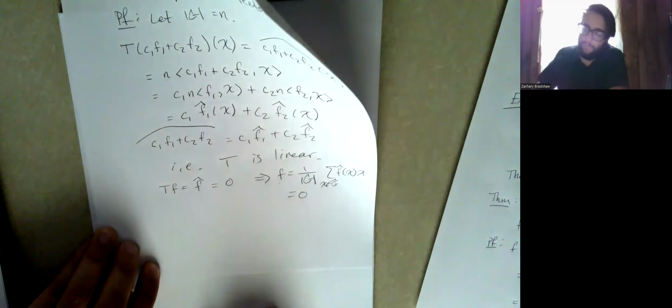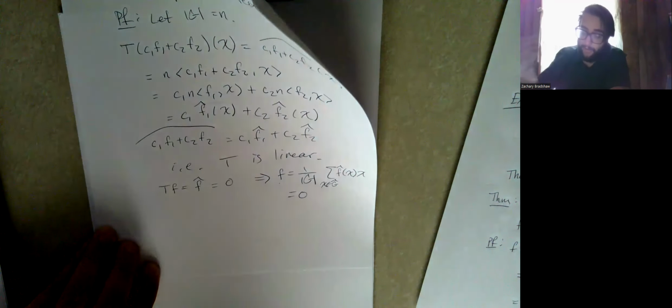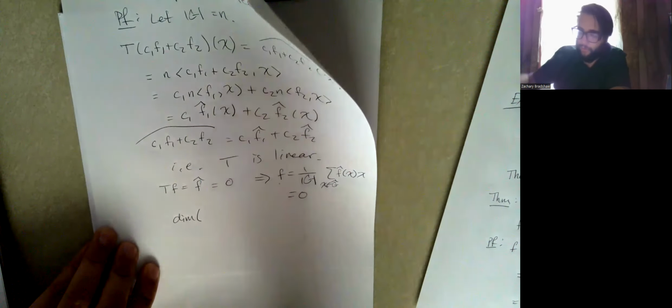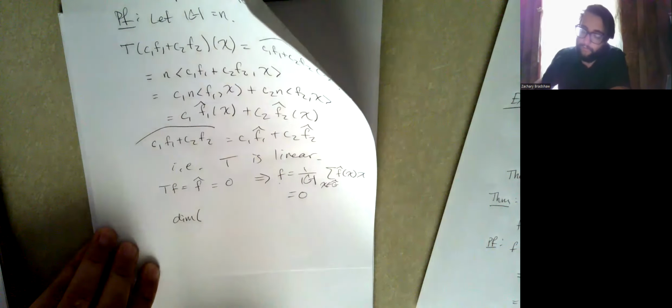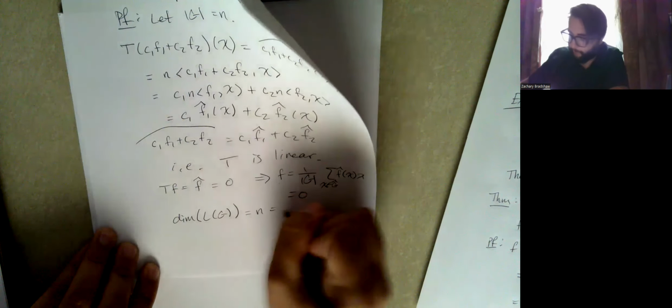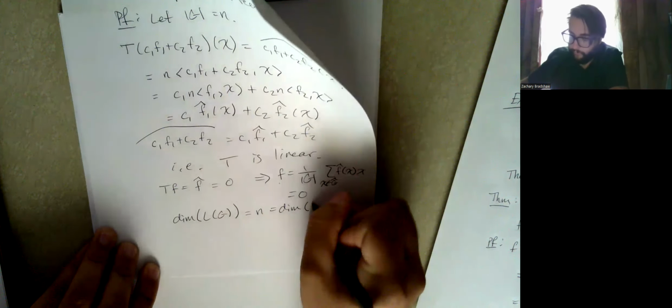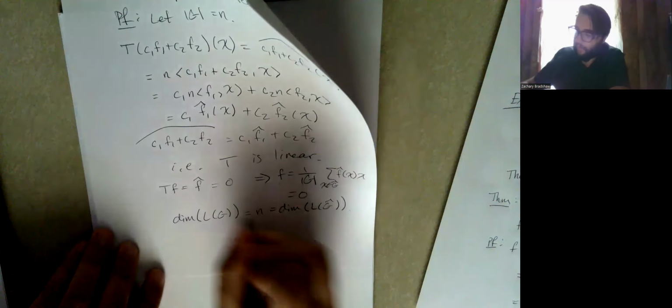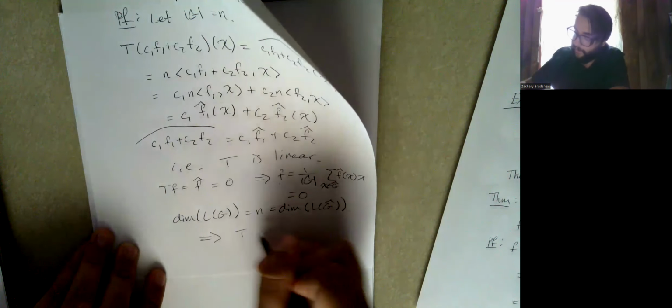So that implies that T is injective. And to see that it is surjective, well, it just follows from the fact that the order of G is equal to the order of the dual group, right? Because then these spaces are equal in dimension. And so surjectivity follows. And that implies that T is an isomorphism.